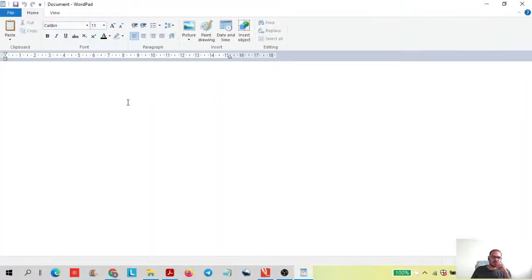Suppose in this WordPad, I insert an object, like if I add some video file or heavy, large pixel pictures and all. This is WordPad and not MS Office. So what happens now?